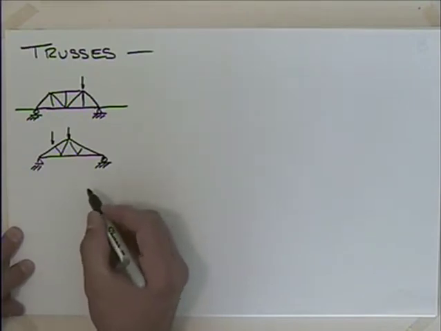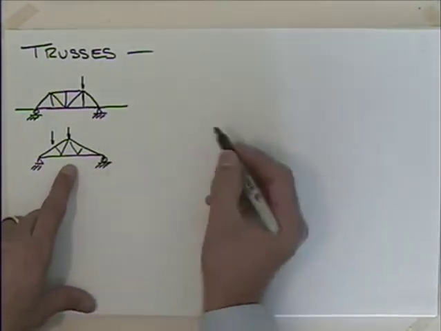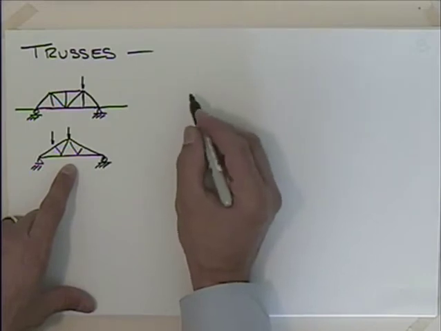Before I get into the assumptions, let me talk a little bit about how the truss is made up of triangles.